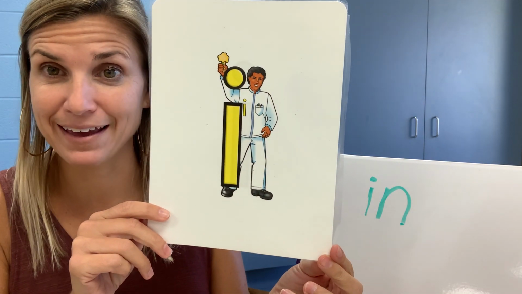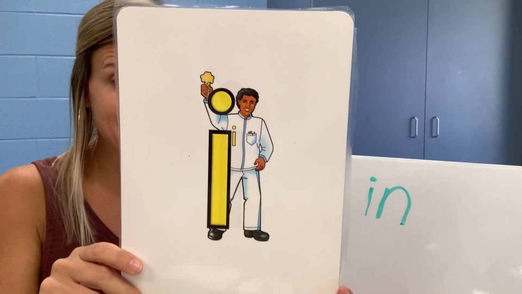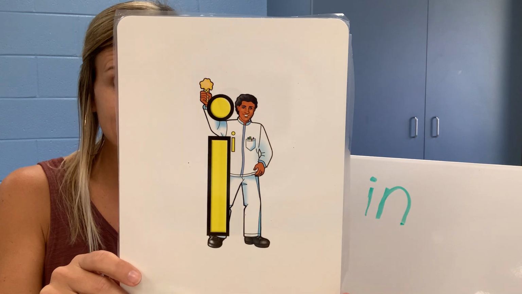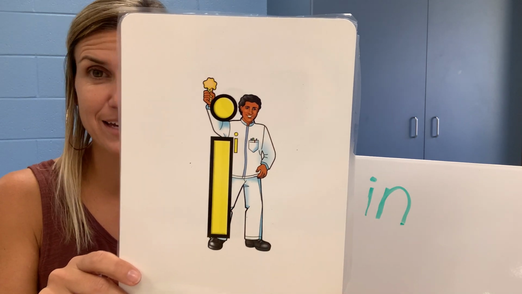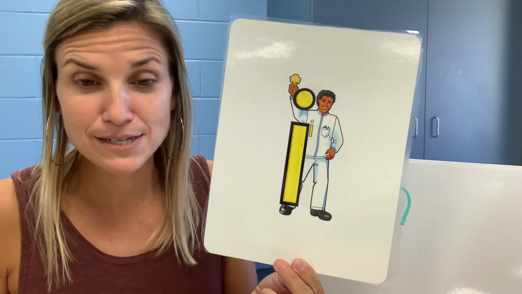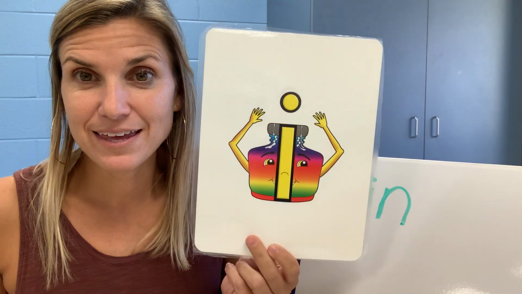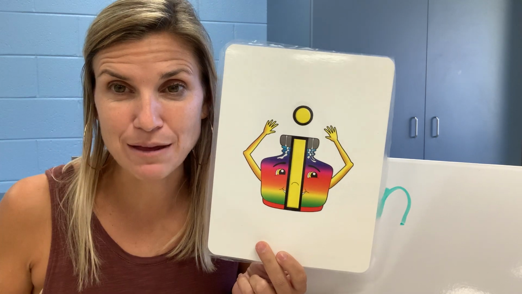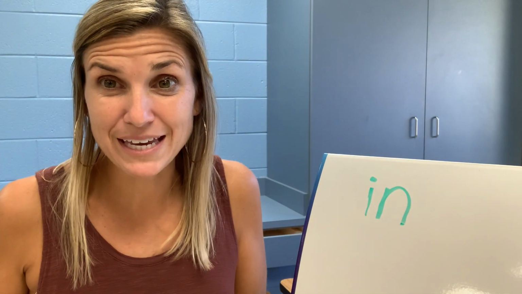It's this guy, and this is Mr. I, and he's the ice cream man. And he likes to say his name I in words like ice or ivy. So sometimes we hear I for Impy Ink. And sometimes you might hear Mr. I in words.